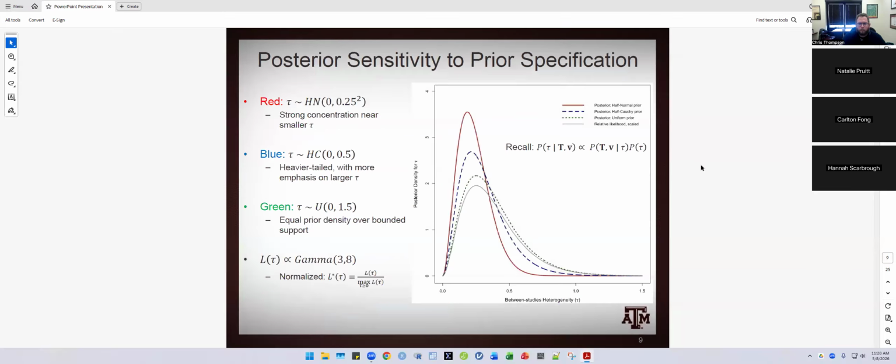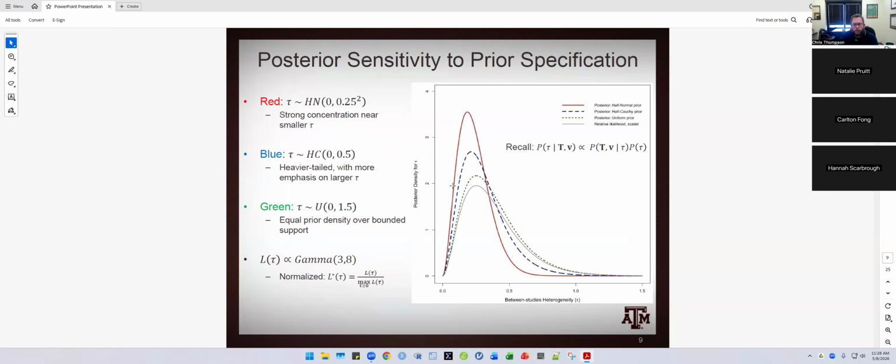So the posterior can be influenced by the prior or priors that are used. We talked about this a little bit earlier on, but it's shown here from a different vantage point.